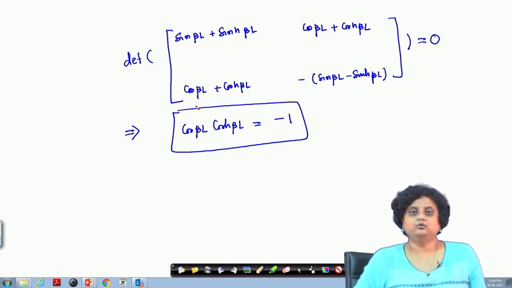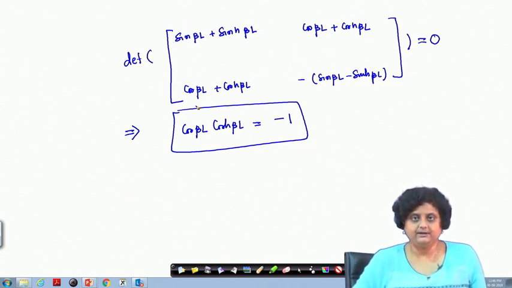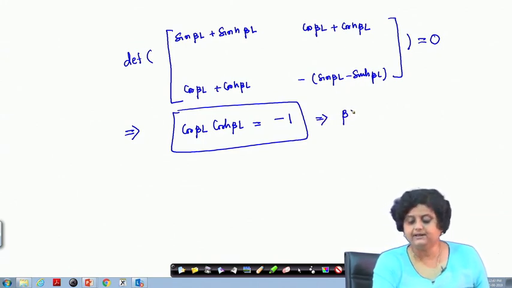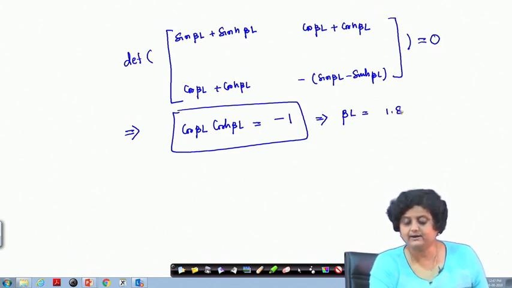Now, what do we have to do? We do not get a straightforward direct solution for beta; rather, we get the value of beta in terms of a trigonometric equation. So, this can be numerically solved.